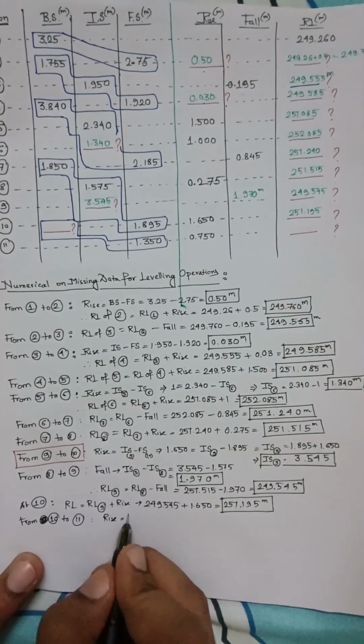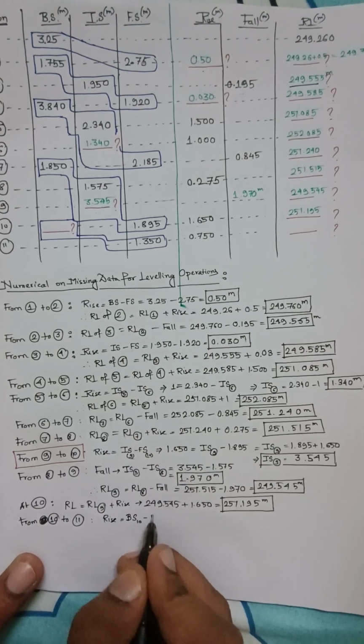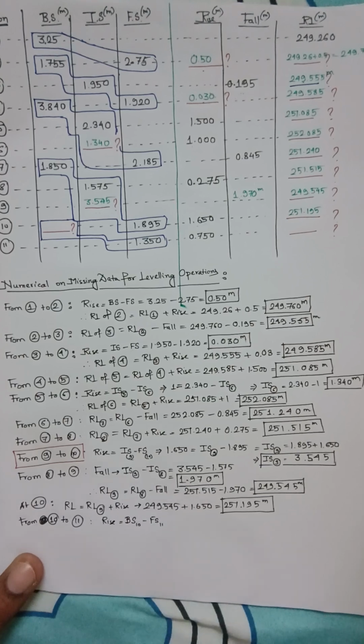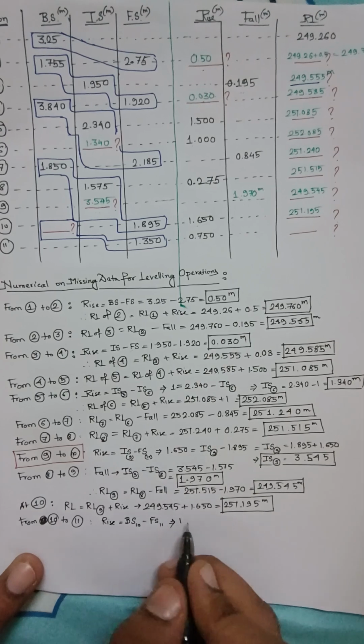Rise is equal to backside at 10 minus foreside at 11. How much is the rise?